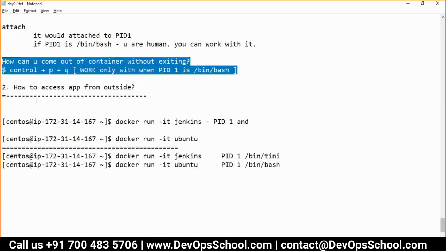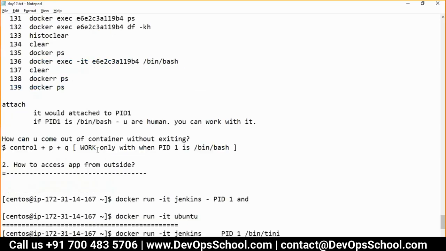Okay, guys. Now next. Rajesh, what if we want to come out of busybox without exiting? That is, after attach, we need to come out of busybox. Busybox does not understand this command. Busybox has no command to safely exit. This is a shell command actually that I am giving.